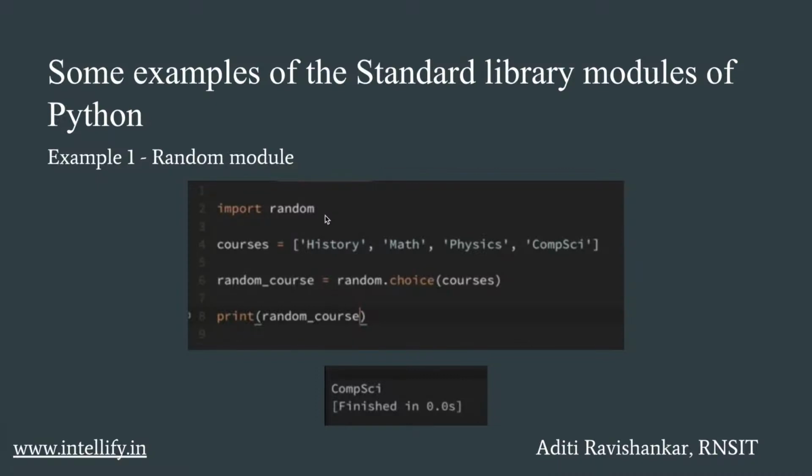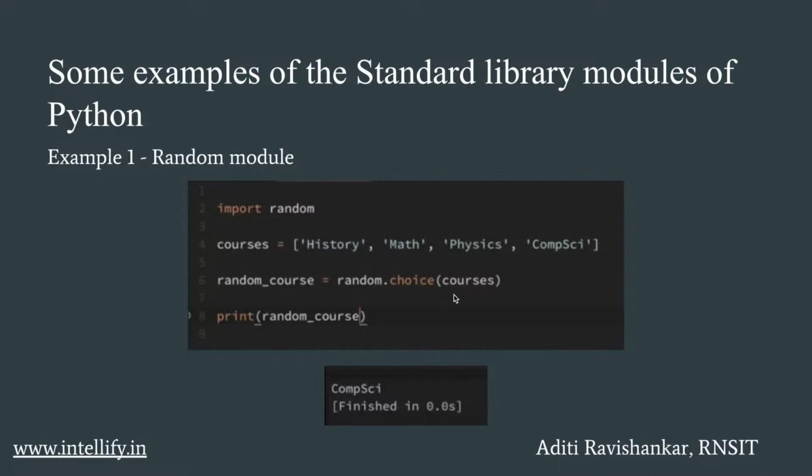So in this piece of code, what we have first done is we have imported the random module. We have taken a variable called courses to which we have assigned a list of random subject names. And then to another variable, random_course, we are assigning random.choice, which is a function in the random module, and we're passing courses as an argument to this function.